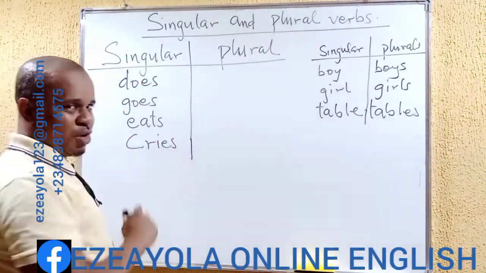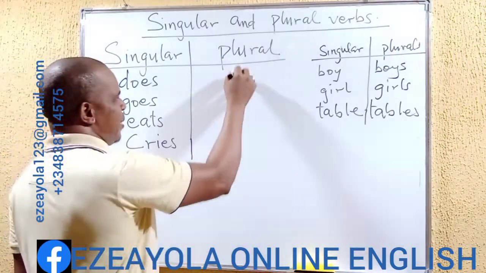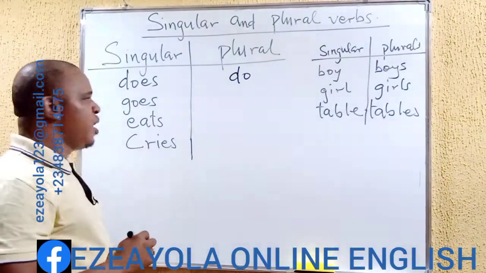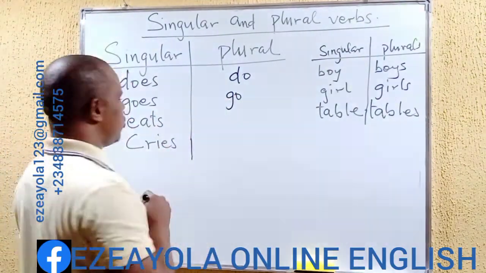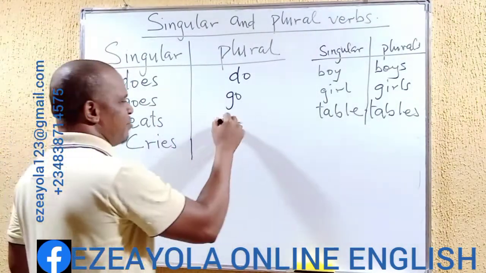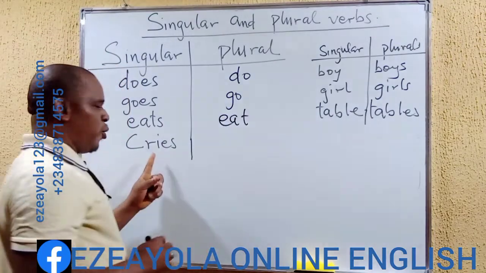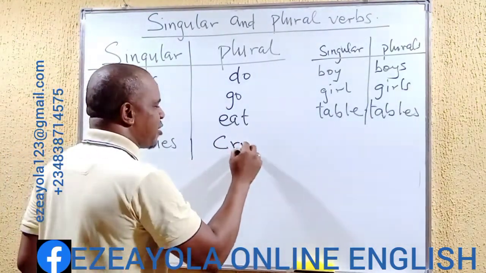If does is a singular verb, how do we write it in its plural form? It becomes do. What about goes? Goes becomes go. And eats, where we have S, it becomes eat. What about cries? Cries becomes cry.